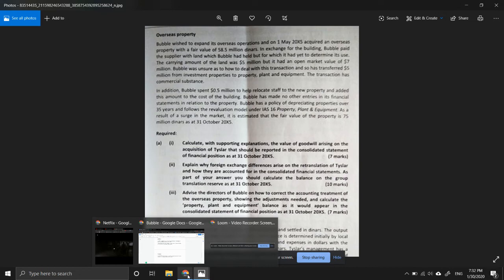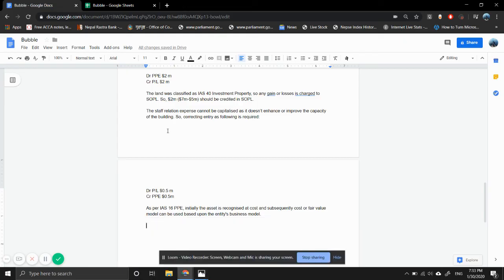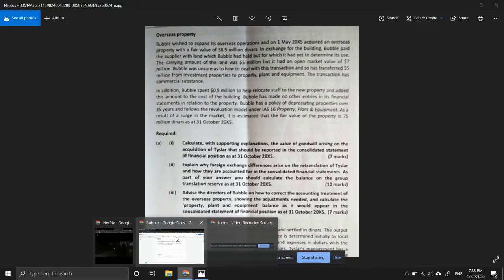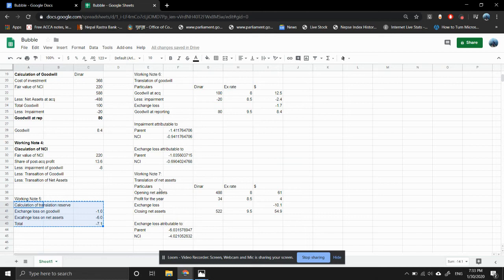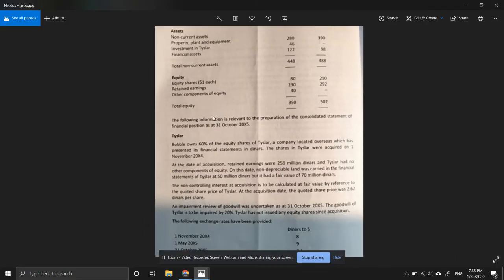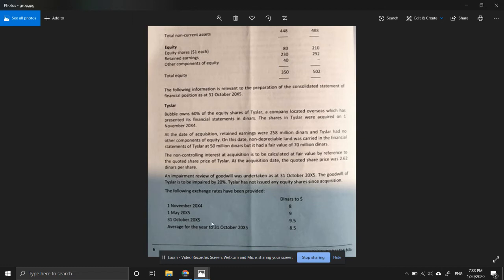No, first of all, we need to translate it as well. So 58.5 million dinar. So 8.5 divided by what was the rate on that day, on 1st May, right? 9.